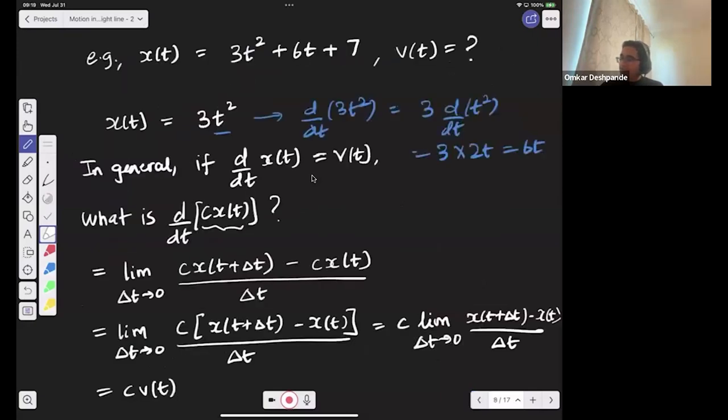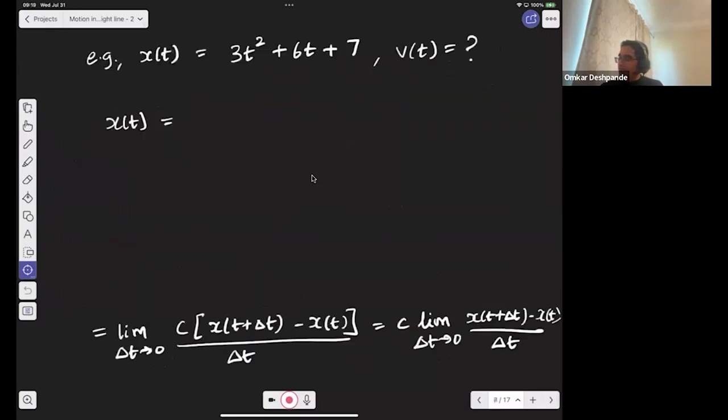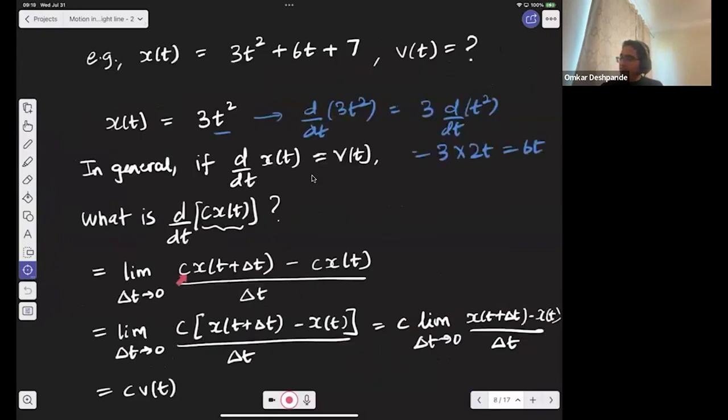We know how to take the derivative of any power of t by the power rule. We also know what happens if we multiply a power of t by a constant, what happens to the derivative of the whole thing.